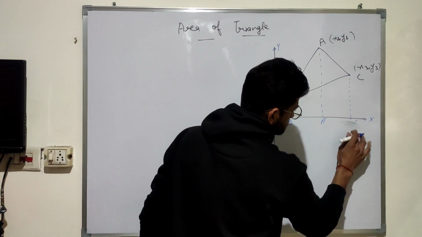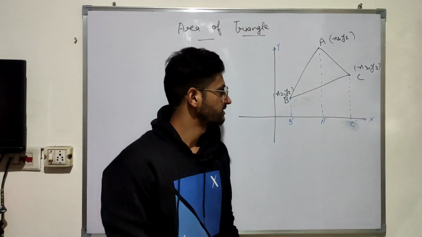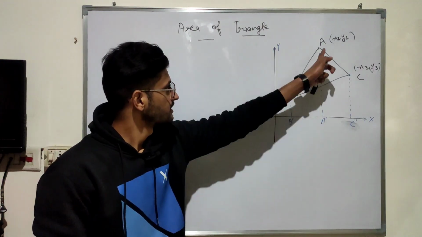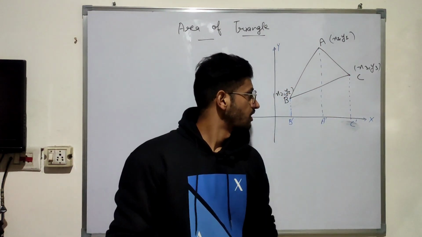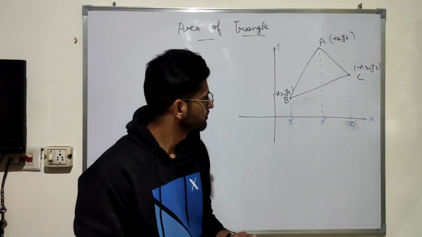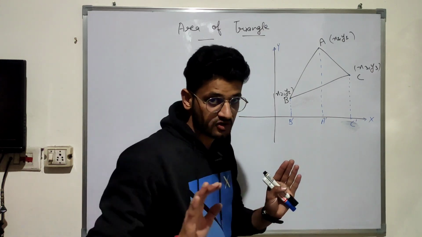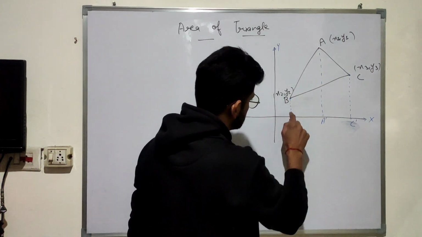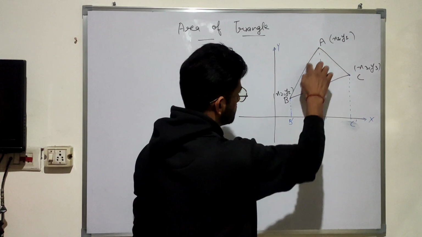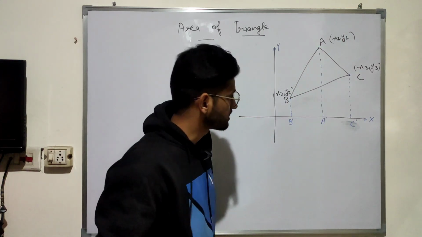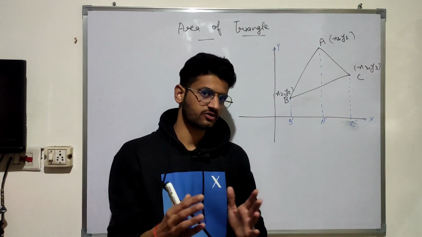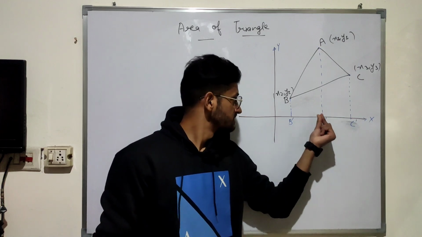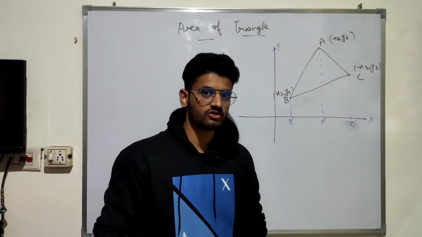Basically, we need to find the area of triangle ABC. How we will achieve this is that if we are able to find the area of this figure, B, B dash, A dash, A, this is going to be a special quadrilateral named a trapezium.